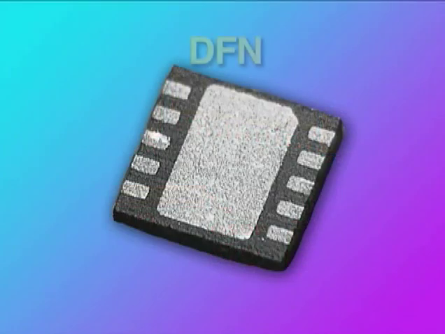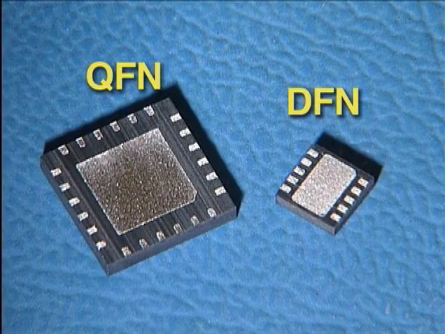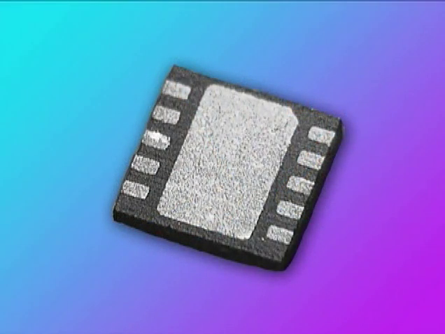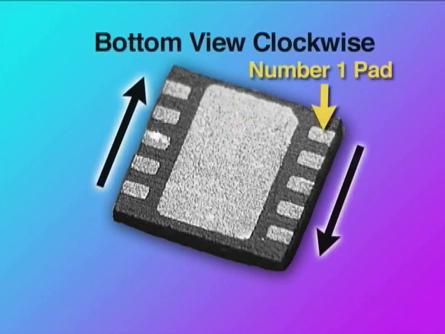A leadless cousin to the SOIC is the DFN. DFNs are smaller versions of QFNs since they have 2 rows of terminal pads rather than 4. The bottom of the package also contains an exposed thermal pad that improves heat transfer from the IC to the circuit board. The lands are counted counterclockwise from the number 1 terminal pad.